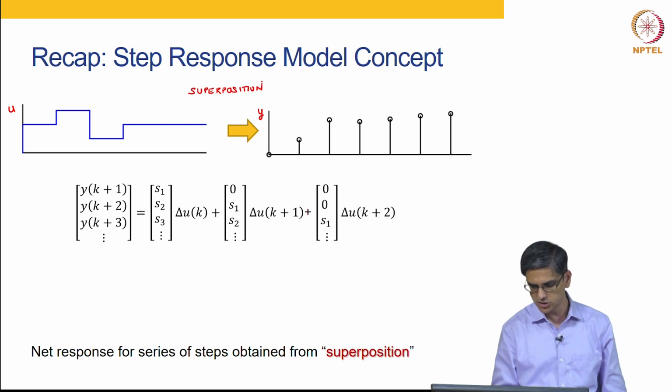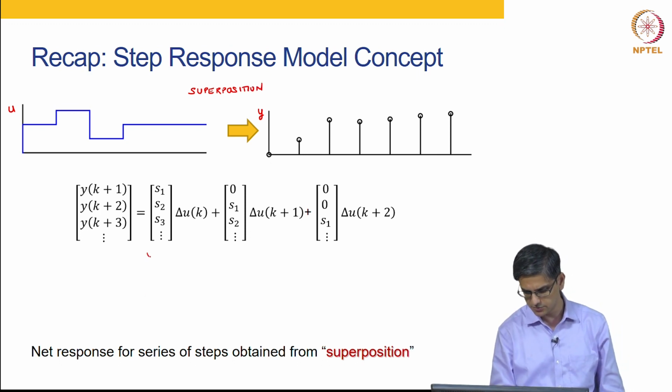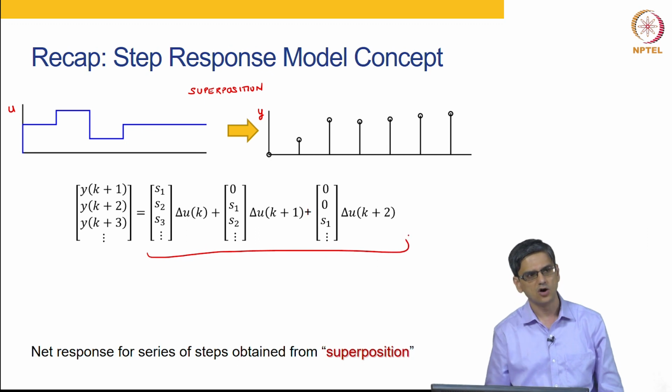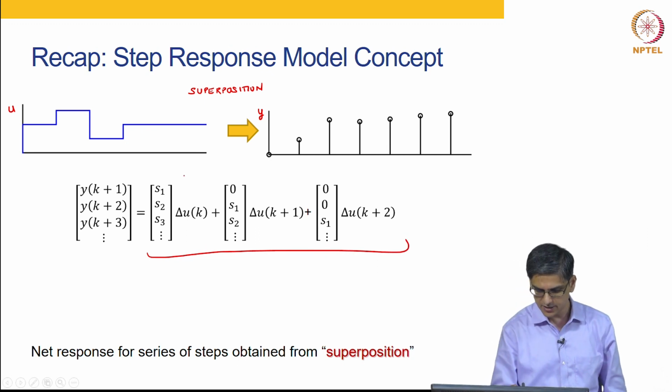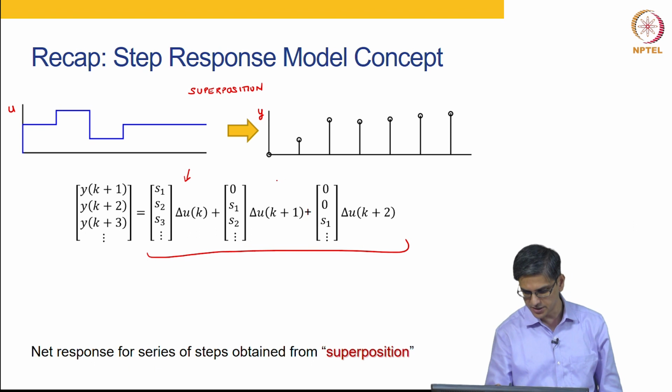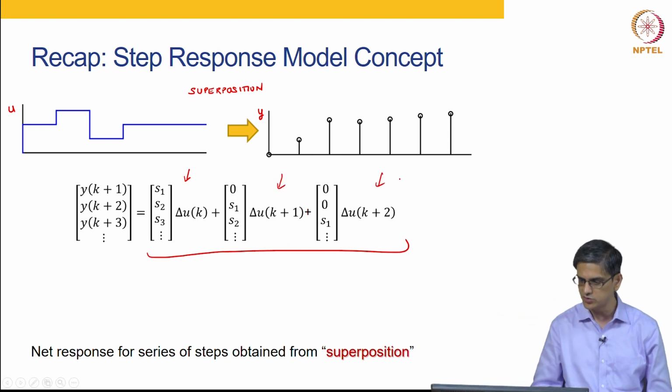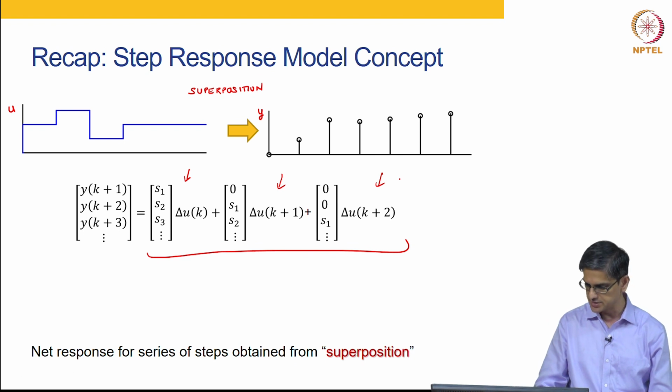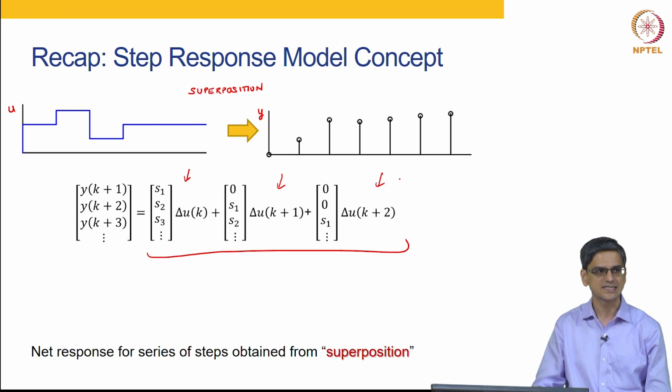And because the superposition principle works, you get a structure of this type. You are splitting the effect of the current input move, next input move, next input move, and so on and so forth. You can do that because it is a linear system. How to get to this and all that we are going to cover in the next couple of days.